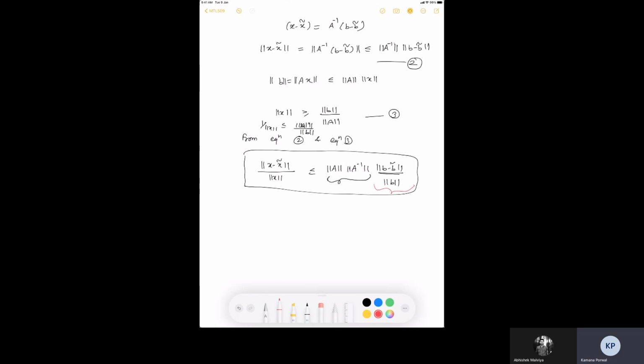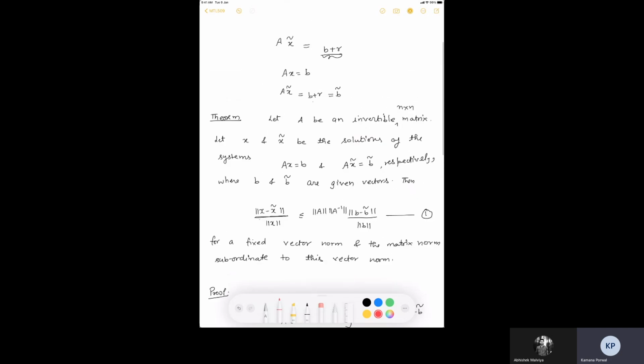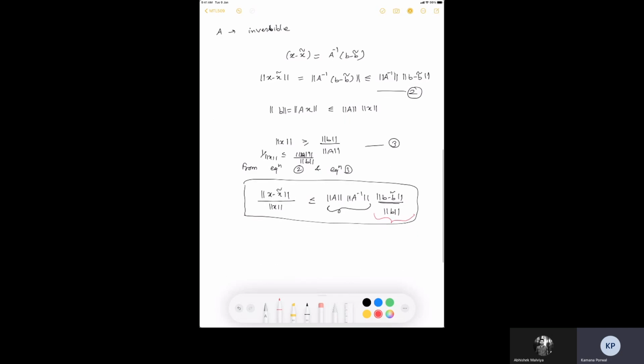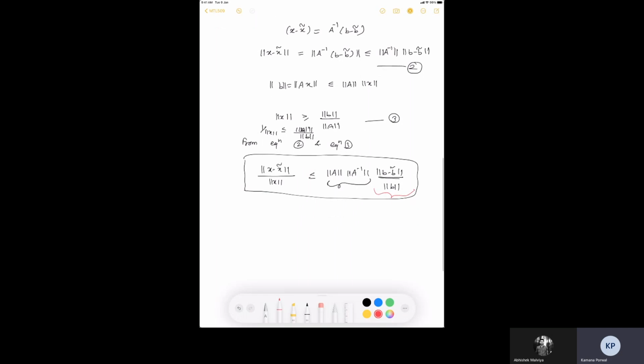The perturbation b minus b tilde is nothing but r. When you perturb b to some b tilde, this is what you get as the relative error. If b is very close to b tilde, the relative error in b is going to be very small, right?